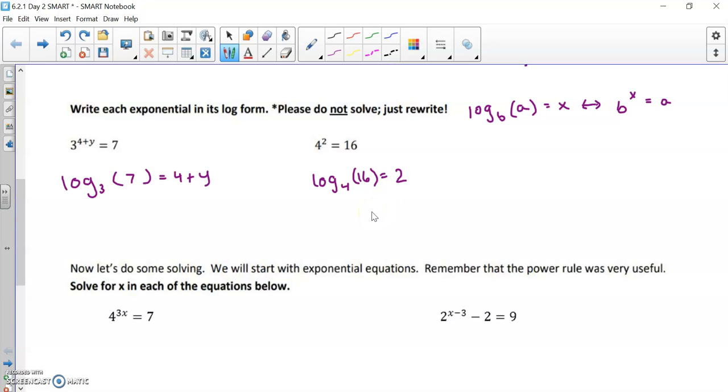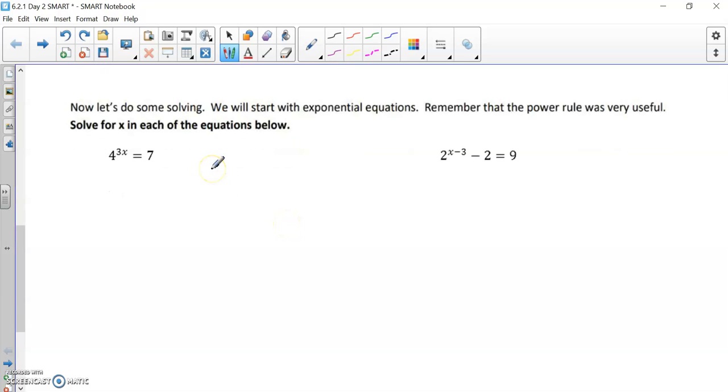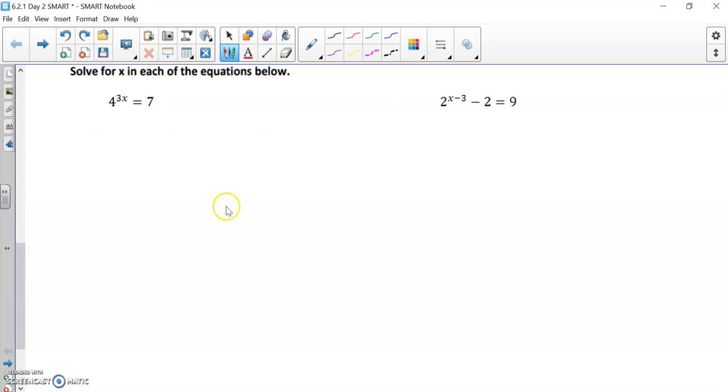All right, so now we can go ahead and talk about solving these equations. We're going to go through these, and we're also going to come up with a list of steps to help us. So there's a couple reasons why these are a little different than the equations we were working with yesterday. In this problem, hopefully you would notice that instead of just having an x in the exponent, there's a 3x now, so that's going to take a little bit more work for solving.